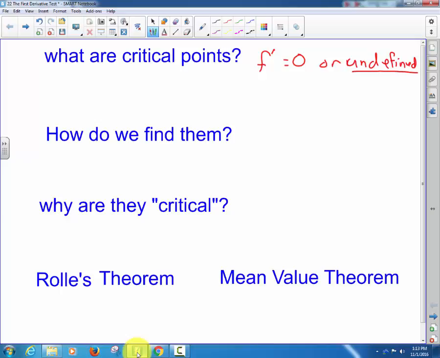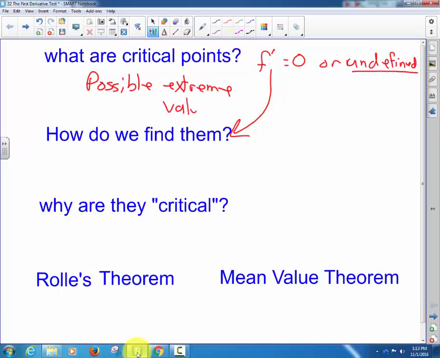And that goes directly into play with how we find them. Critical points, and by answering this third question, we'll tie back to the first one. Why are critical points critical? What's important about critical points? What do they help us to give possibilities for? Yes. They are possible extreme values.